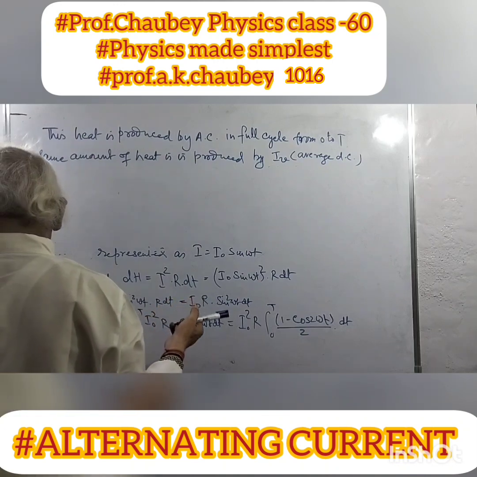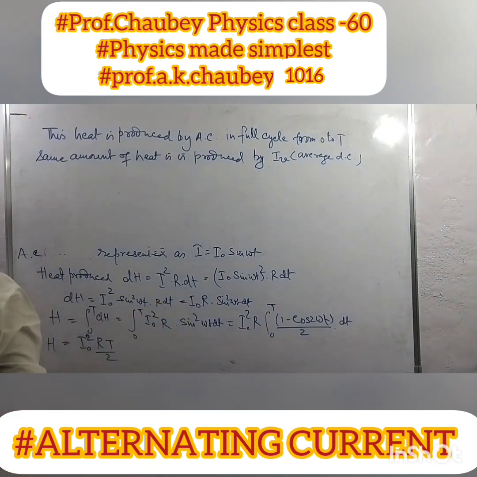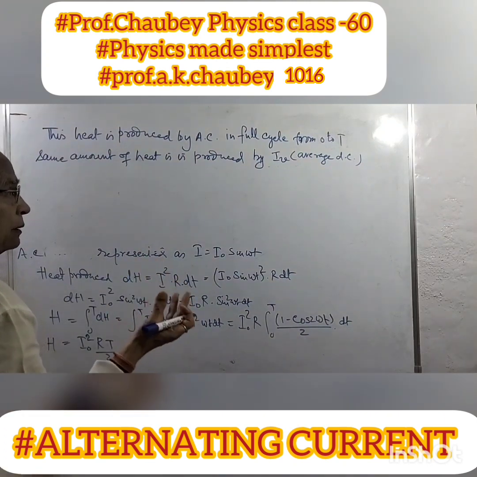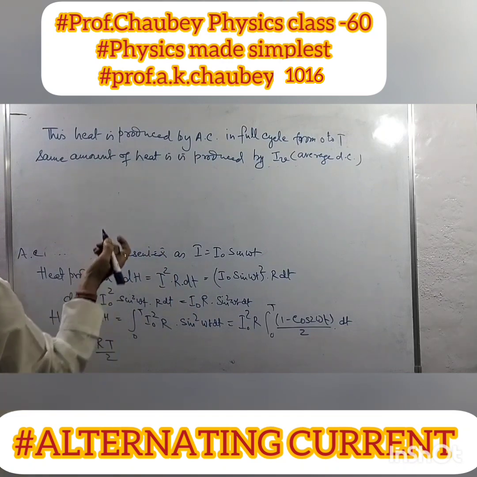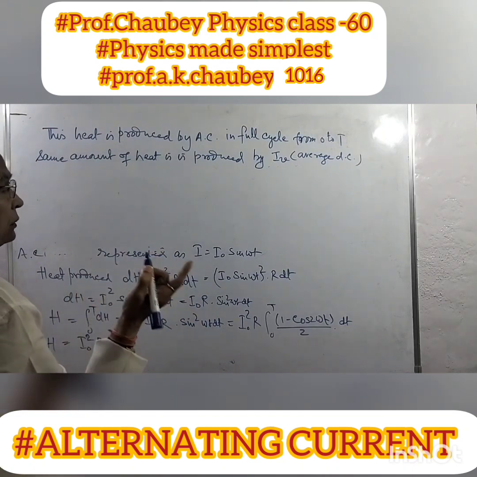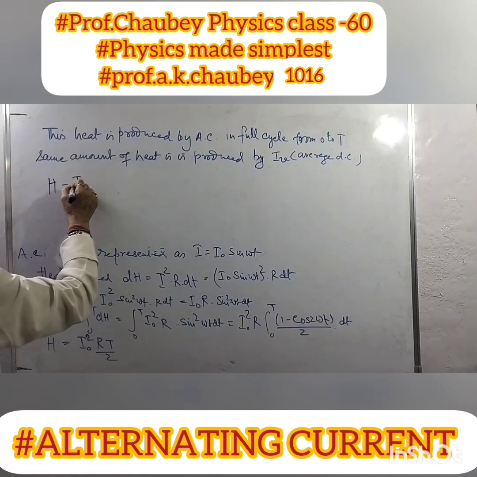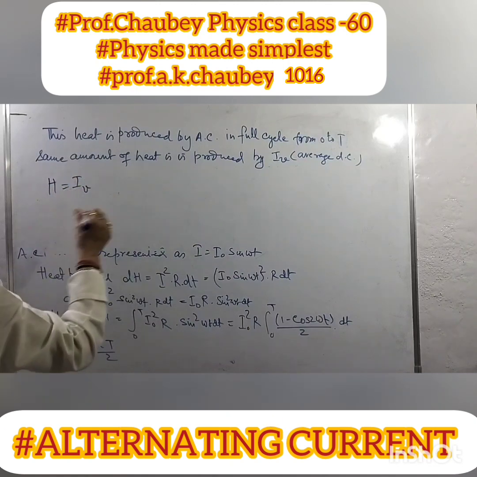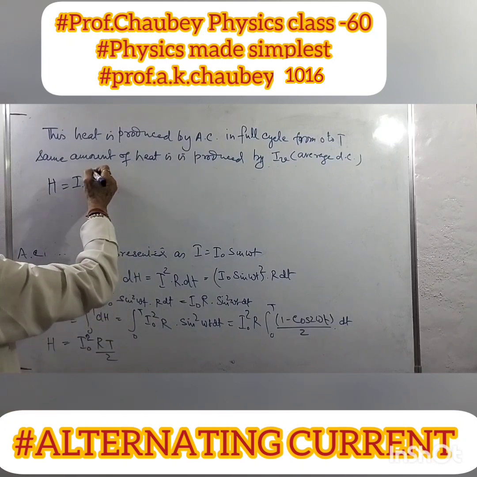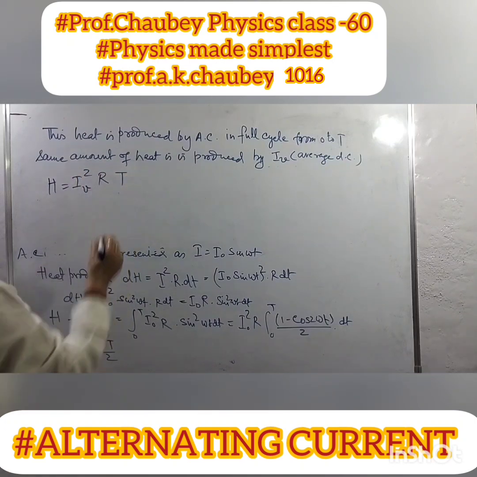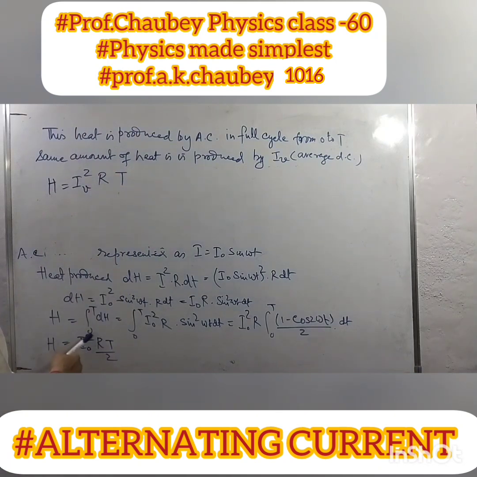Then you know that for the average DC, the heat produced is I square R times time T. I square R is per unit time, because I is the charge flowing in unit time. So H is equal to I V square R T, and here H is I naught square R T over 2.